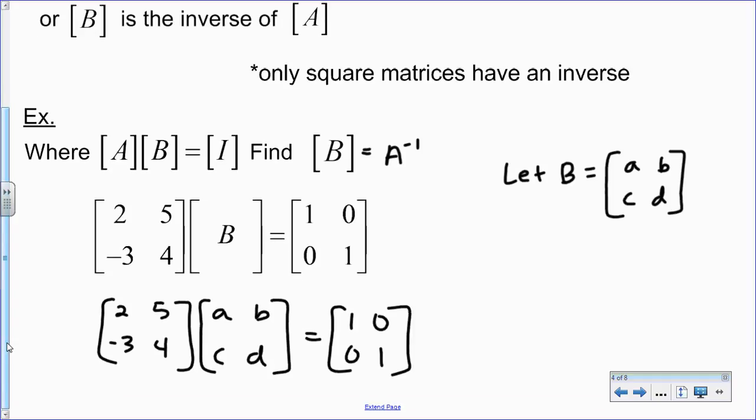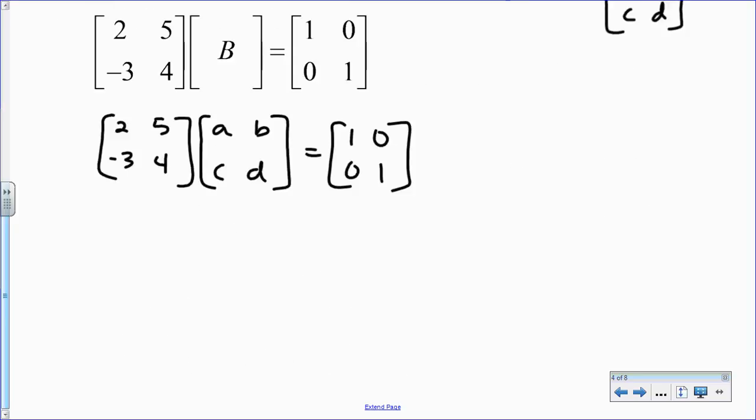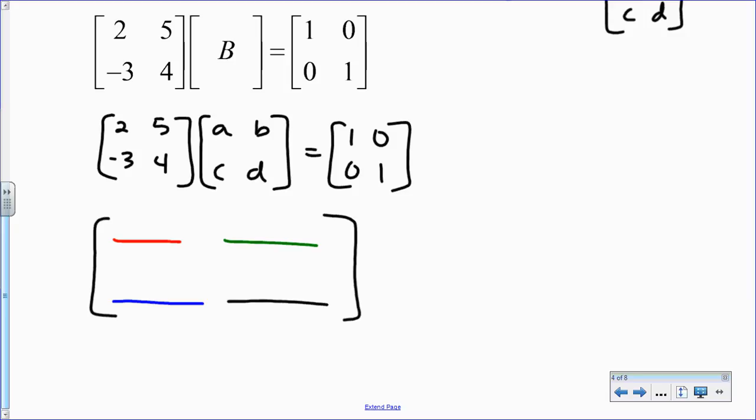Again, these are all 2 by 2s, so when you set up your shell for the multiplication, that's going to be a 2 by 2. That's the shell for the multiplying, and when I simplify, I'm supposed to get 1, 0, 0, 1.